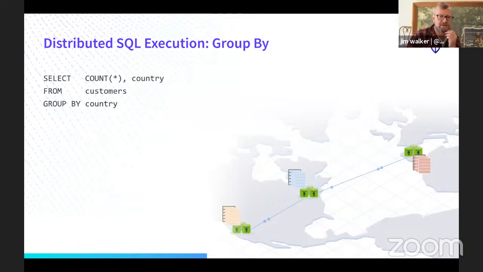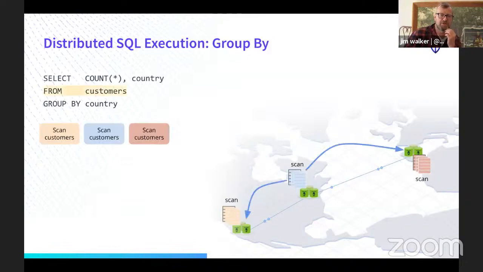Say we wanted a count of customers by country from this customer table. Well, what we're going to do is ask any node for the count. I'm asking New York because that's where our office is. What's going to happen is it's going to push down this count to the other replicas and the other regions.